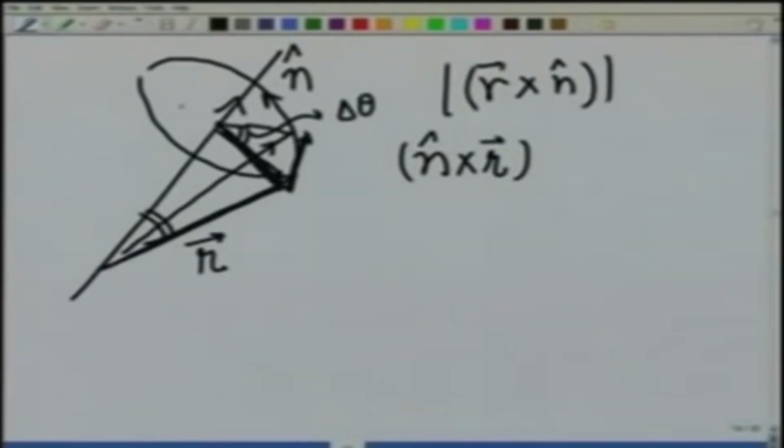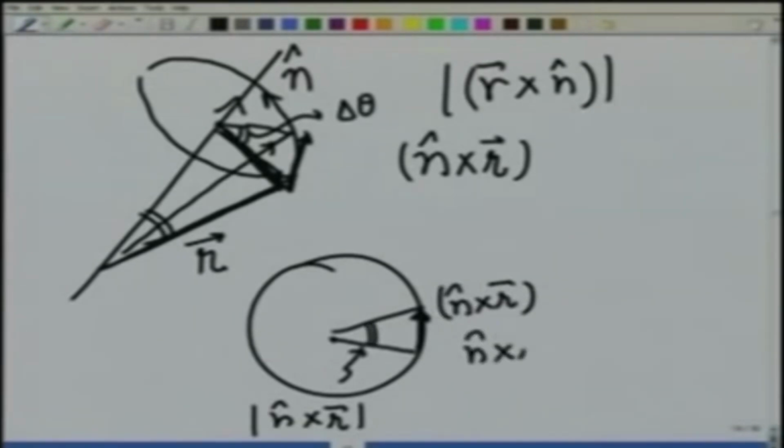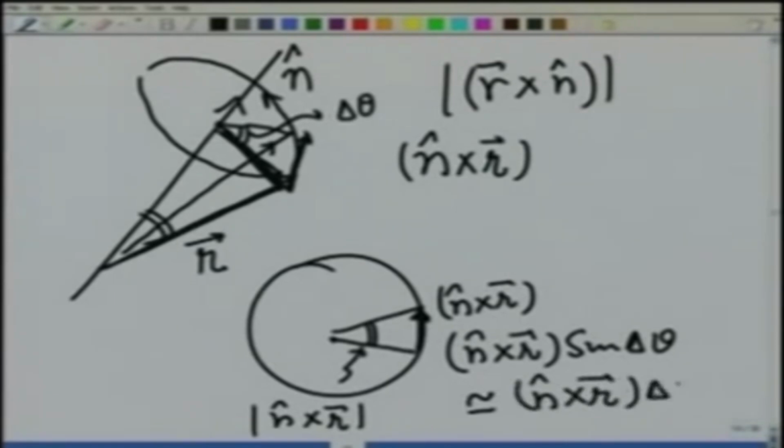So, what we see, if I make this circle here, this magnitude is n cross r magnitude, and it has changed by this amount in the direction of n cross r by an amount n cross r sine of delta theta, which is roughly equal to n cross r delta theta, and this is your delta r, because this is how much it has changed.